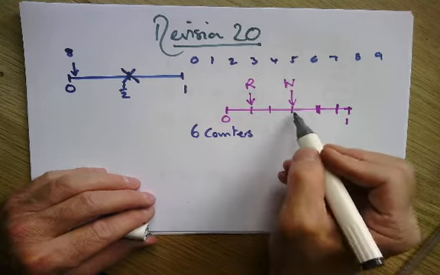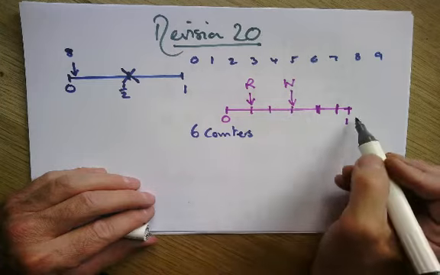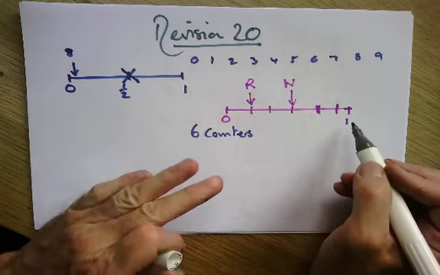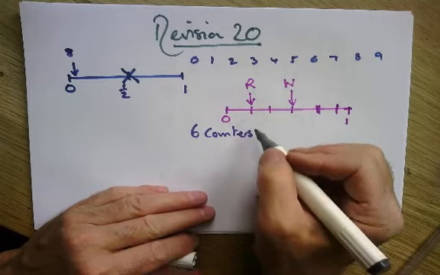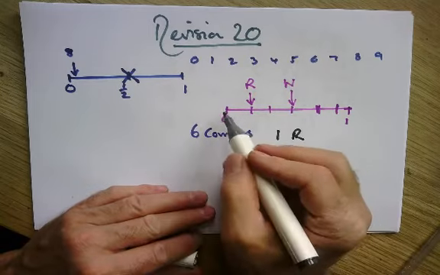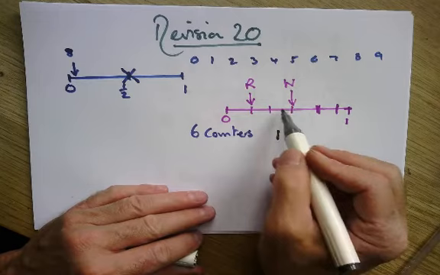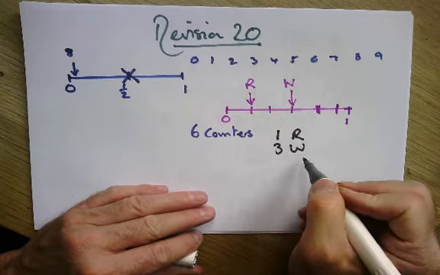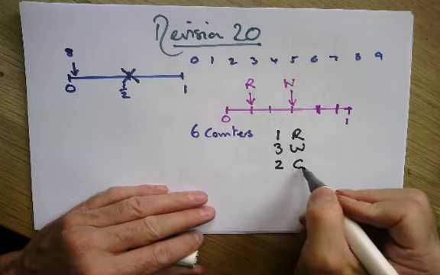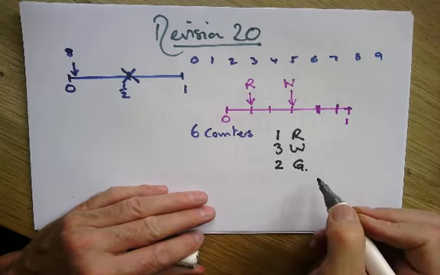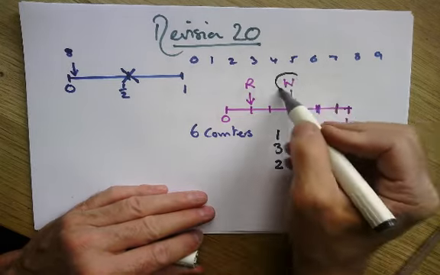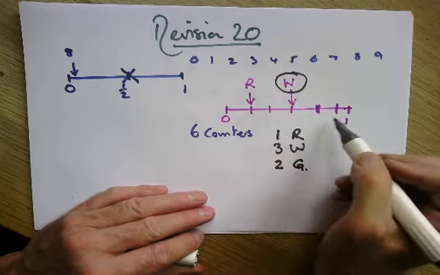Now if I just see I've got 1, 2, 3, 4, 5, 6. That's really interesting, because I've got a sneaky feeling that if I've got 6, one of them is red. I think one counter is red. I think 3 counters are white, which leaves me with 2 counters that are green. Because that's kind of what it's telling me now. If again I look at white, let's see if I'm right.